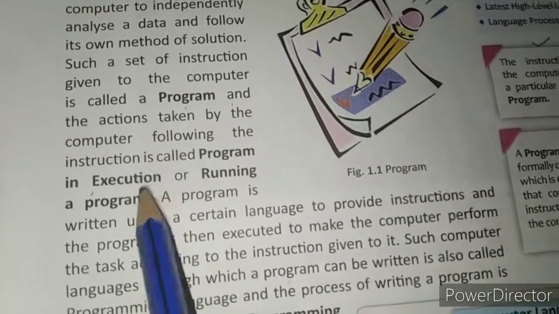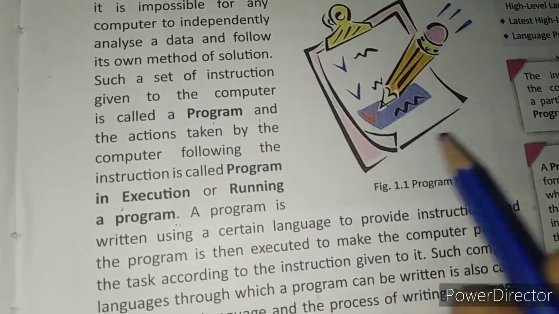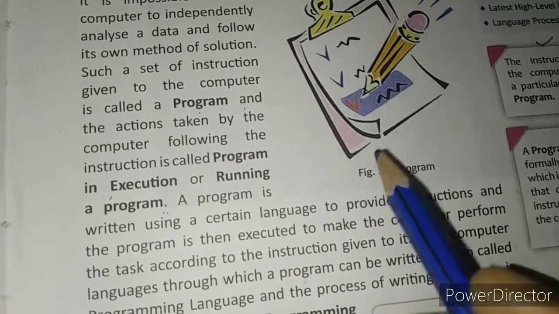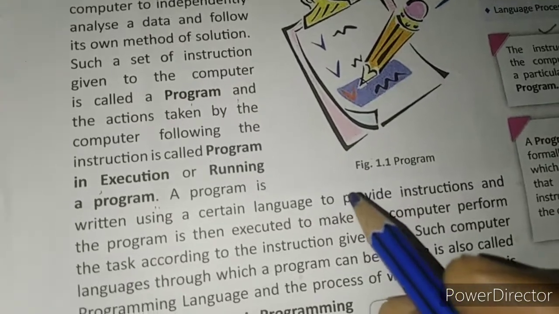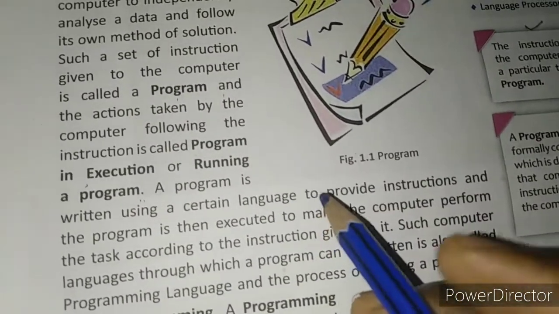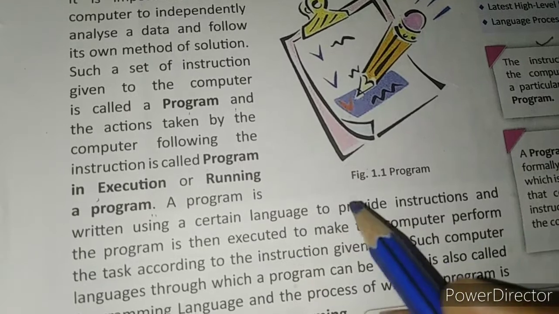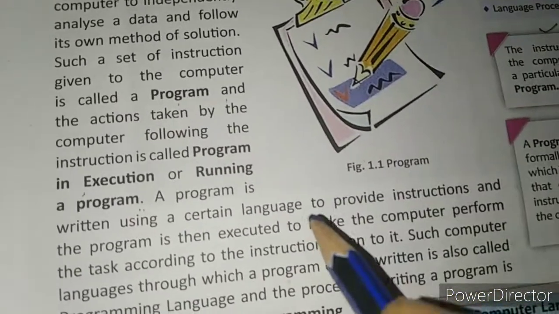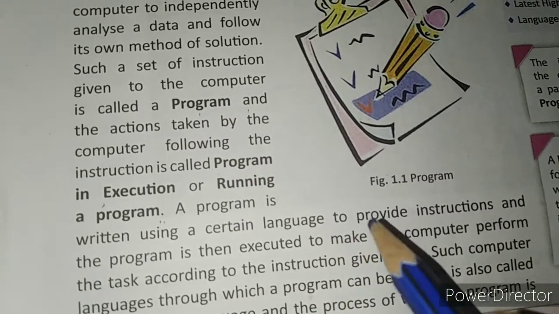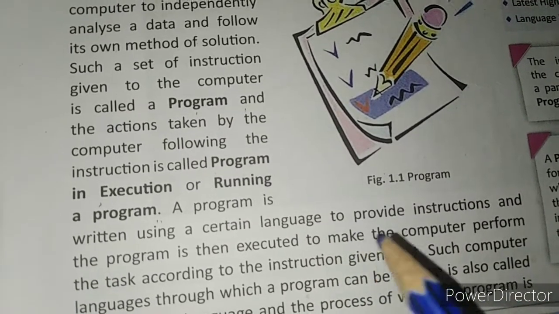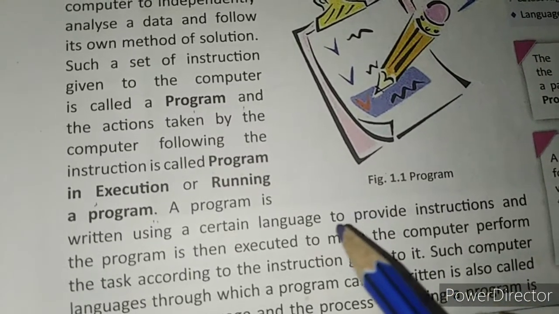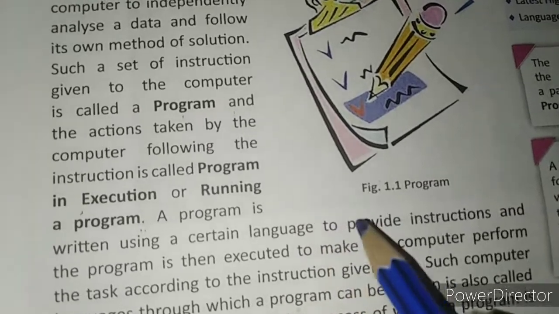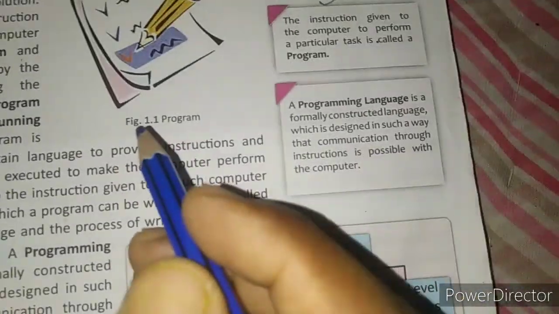Now next thing, to give instructions to the computer, we write instructions, and such a process is known as programming. It means the process of giving instructions to the computer is known as programming, or we can say the method by which we give the instructions to the computer is known as programming.